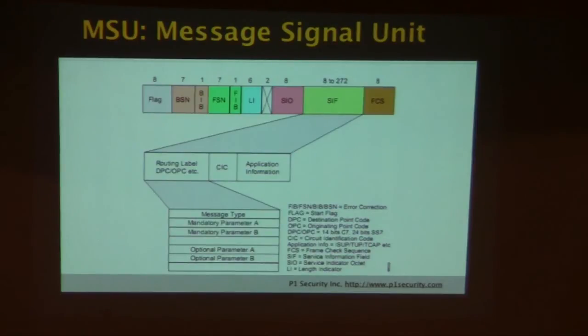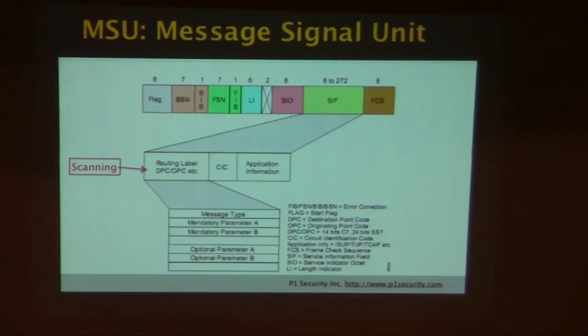So you have, of course, packets with an indication of the circuit you're talking about, and we start to see things like DPC and OPC. This is what's interesting for us. An IP address in this world is not called an IP address, it's called a point code. DPC is the destination point code, OPC the origination point code.